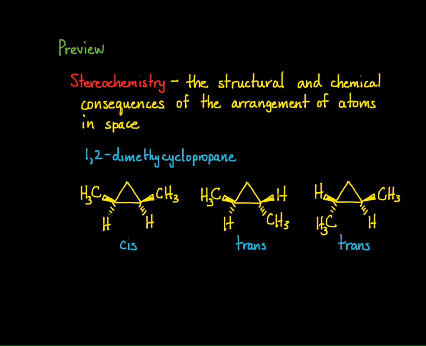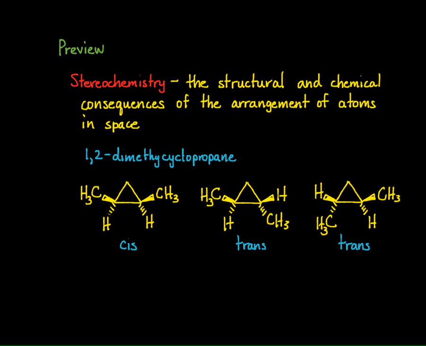And if you can't see that the two structures on the right that are representing trans 1,2-dimethylcyclopropane are different, you need to get out your model kit. They are different. In order to go from one to the other, I have to break bonds and remake them.